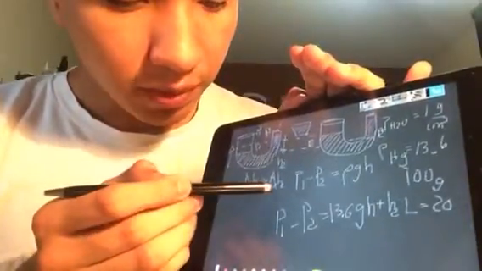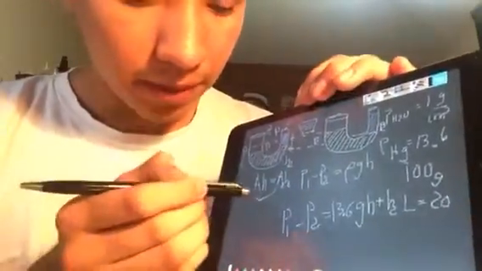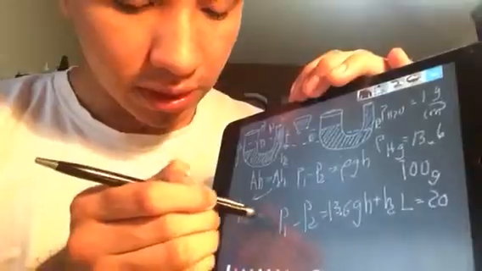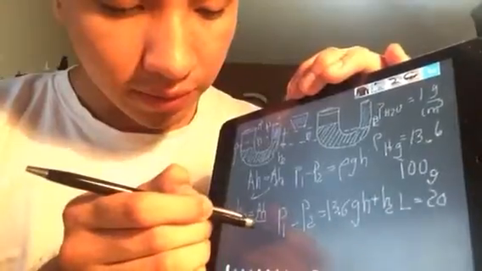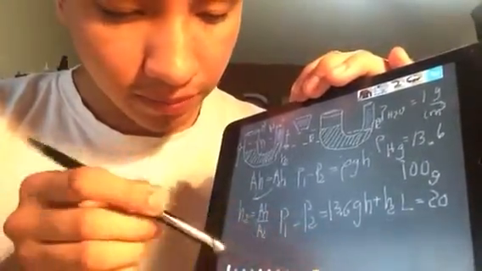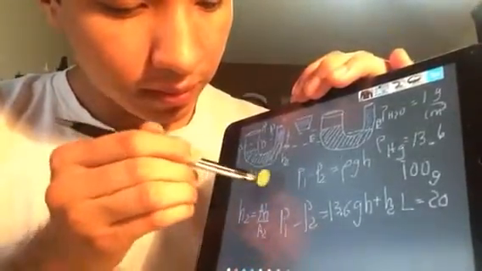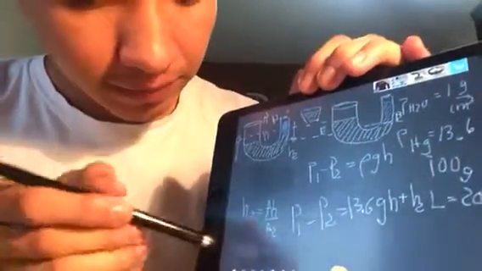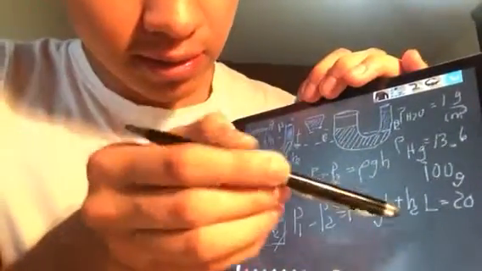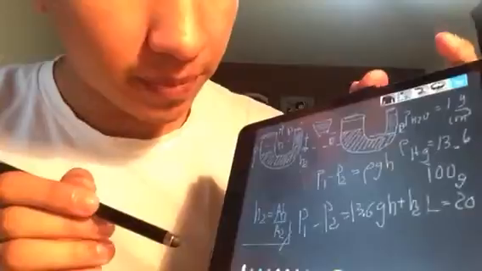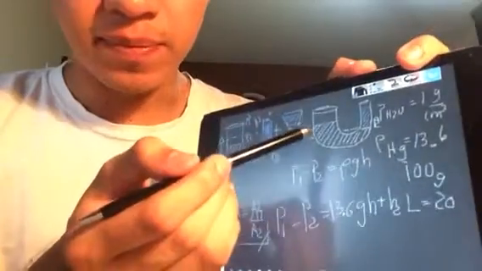So we can get h2: we pass A2 to the other side, and h2 is going to be equal to A h over A2. So we're also going to apply this in the other equation. This was for the part of the mercury.